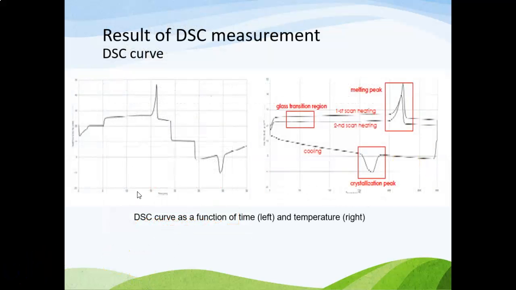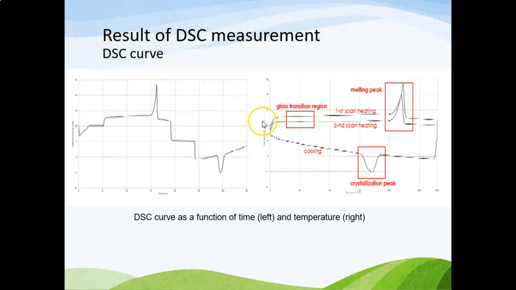Let's review the DSC curve. Okay, as I explained before, and as I showed in the diagram that I drew on the pane, actually, it is the same graph. The difference between these is the curve as a function of time is on the left and temperature on the right.